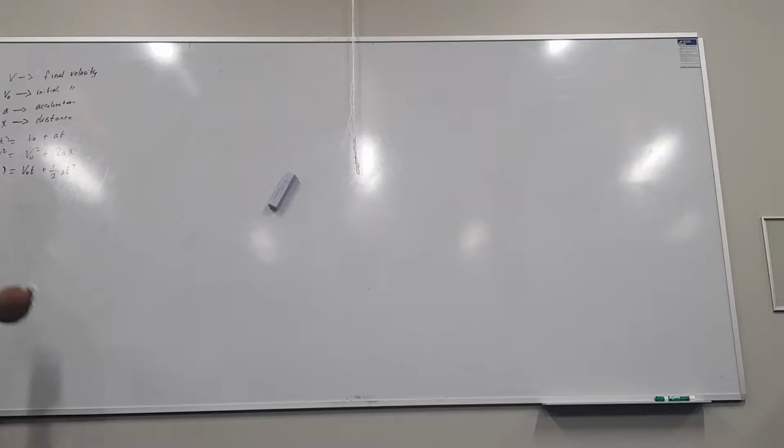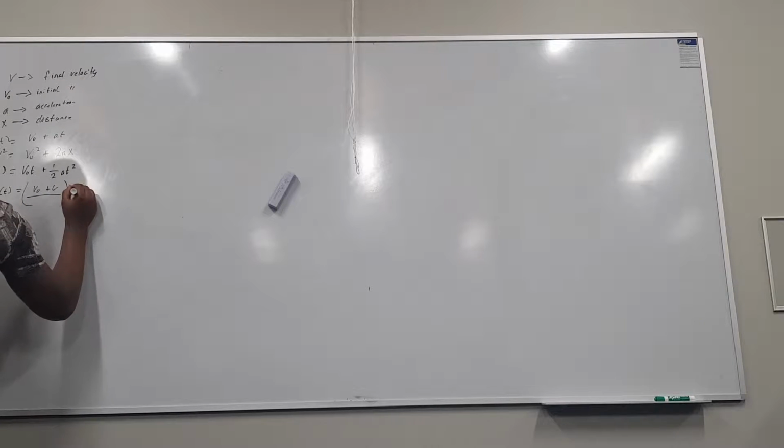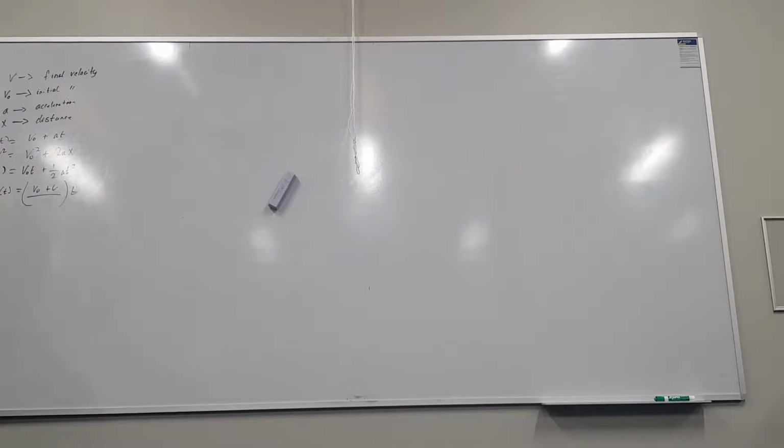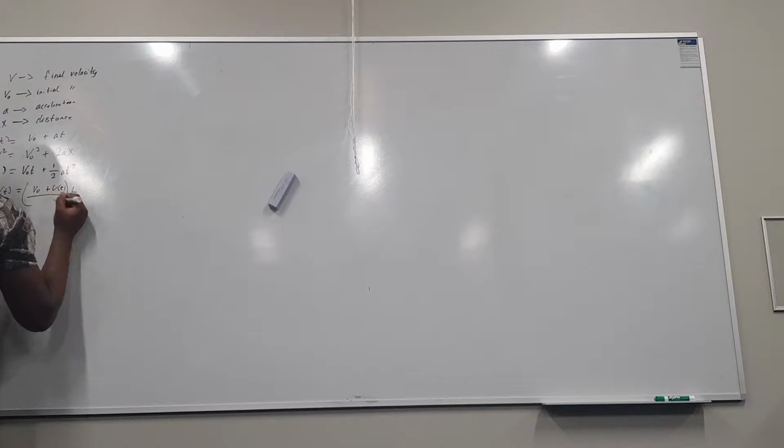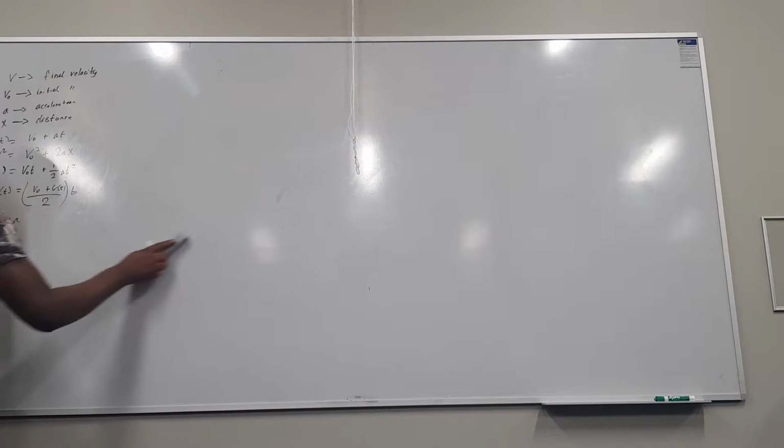So there is s_x(t) is equal to (v naught plus v) divided by 2, times t. I don't know what the other something is, so v(t). And really, from here, we can actually derive the whole thing.